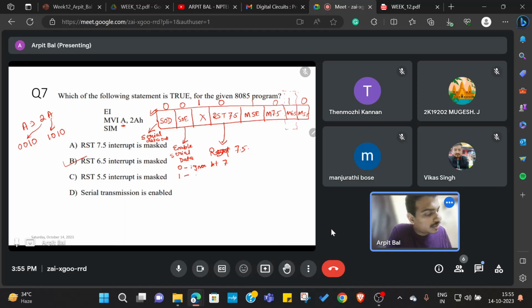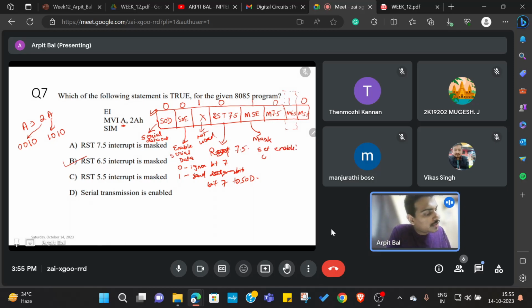If it is 1, then send bit 7 to SOD. This one is not used, so it doesn't matter whatever the value is. R7.5 means reset RST 7.5. MSE means mask set enable.